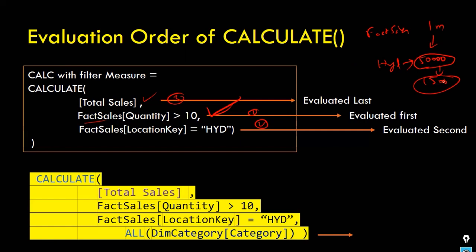So your 1 million records boils down to 1,500 records. On top of that, if you do the total sum of sales amount, it will be faster, right?